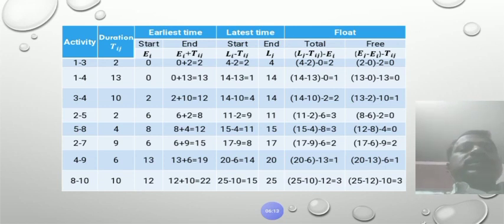These calculations are followed for activity 1 to 3, and likewise for the free float and total float of each non-critical activity: 1 to 3, 1 to 4, 3 to 4, 2 to 5, 5 to 8, 2 to 7, 4 to 9, 8 to 10.